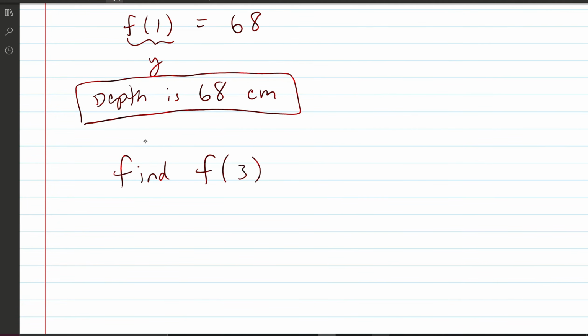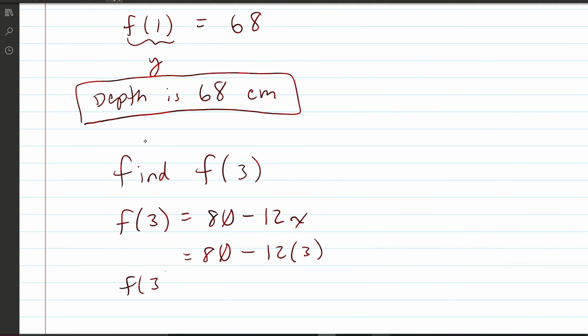What does that mean? That's saying to find the depth of the water in 3 minutes. So f of 3 is equal to 80 minus 12x. Everywhere we see an x, we're going to input a 3. So 80 minus 12 times 3.